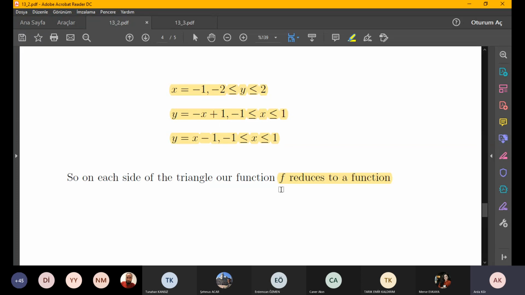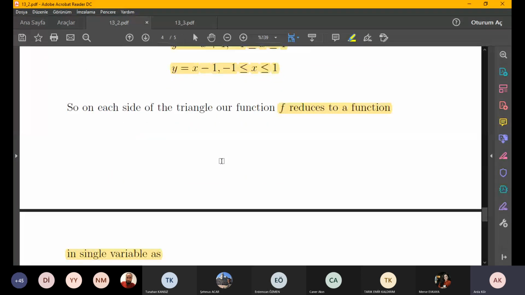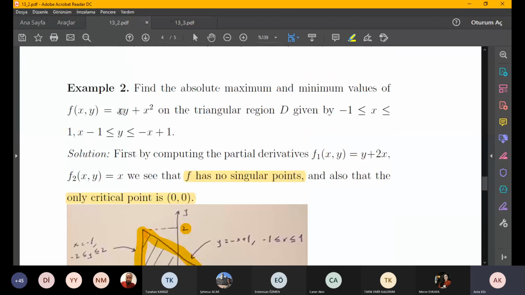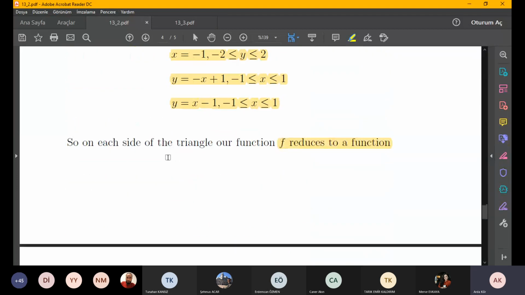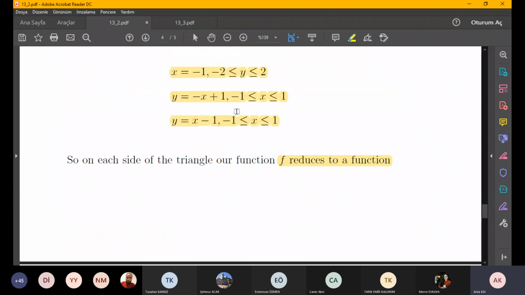If you write it again, putting minus x plus 1 instead of y, you can see the function defined as a one variable function of x, and it will be equal to x, for the x values in between -1 and 1, for that line segment.